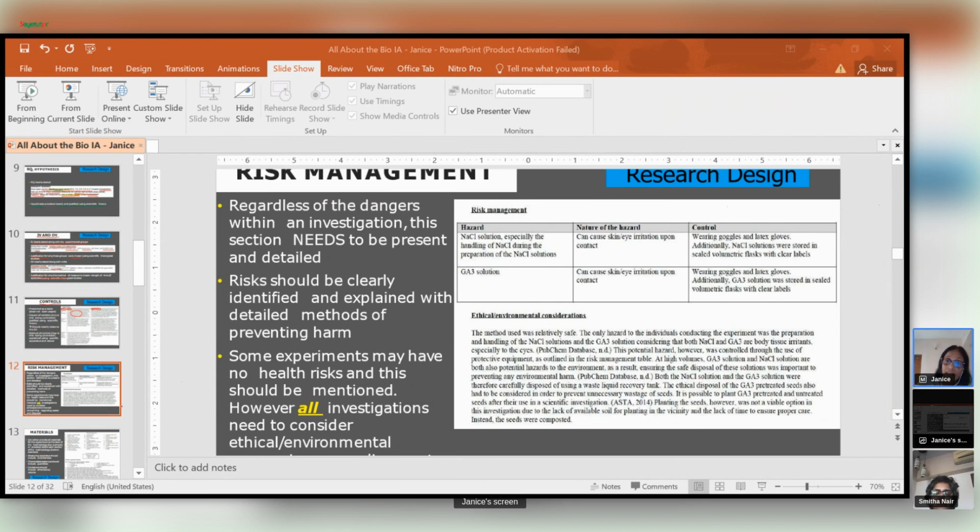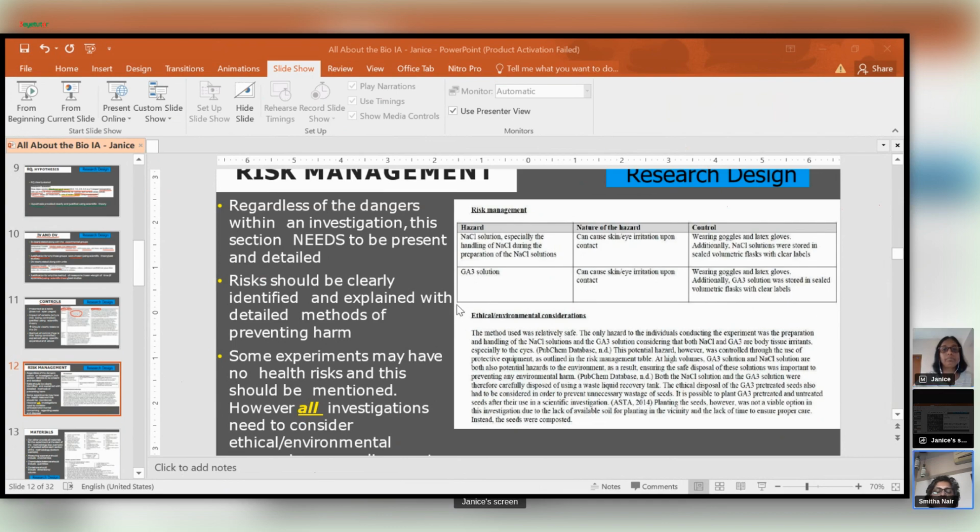If you're taking secondary data, then this should not be mentioned. But if you're doing an experiment and you're going to collect the primary data, then this is very, very important. And I have written here very clearly regarding waste disposal. Waste disposal means the chemicals, how you're going to dispose of them.